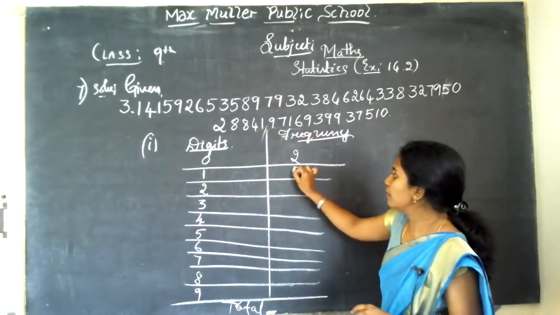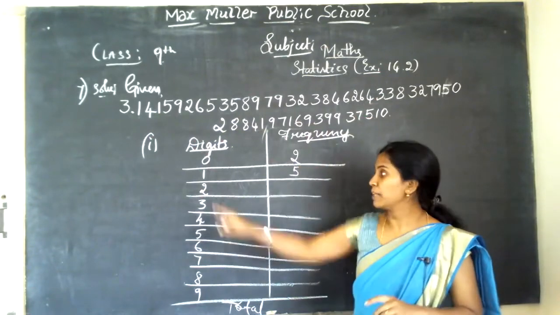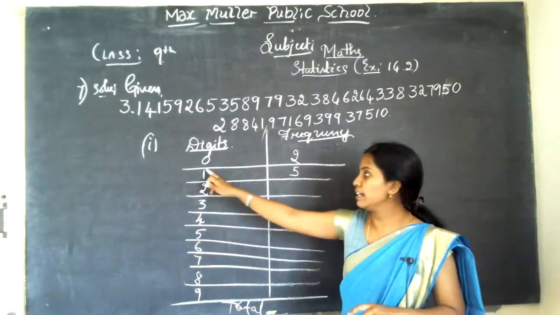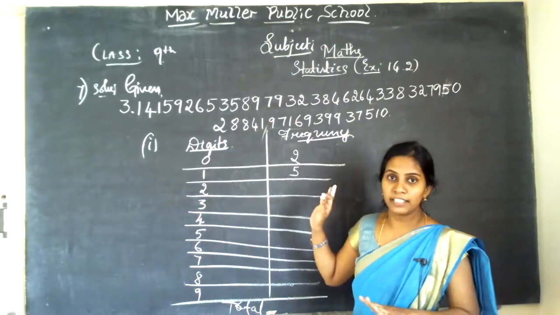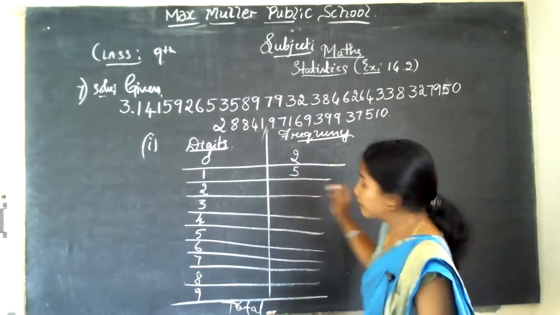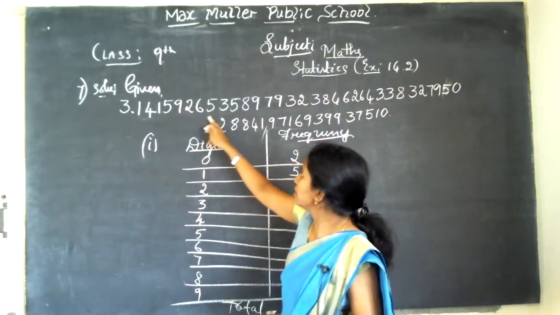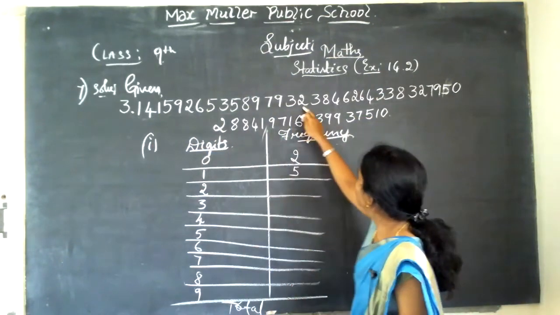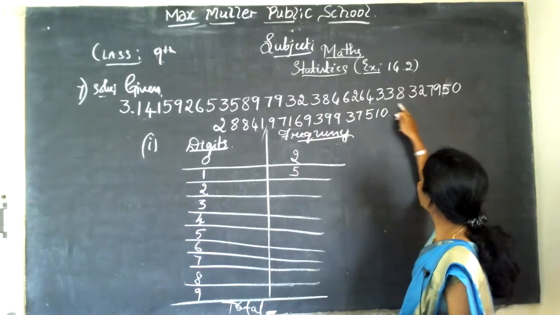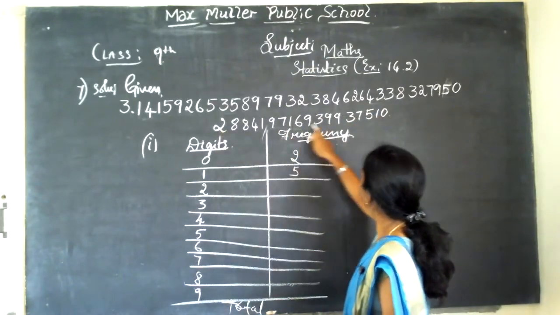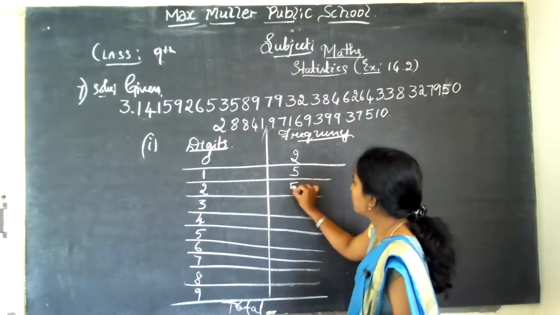You have 5. That means they have given the digit 1 five times. Next, which number do you have to find? 2. Similarly, 1, 2, 3, 4, 5. So you have 5.